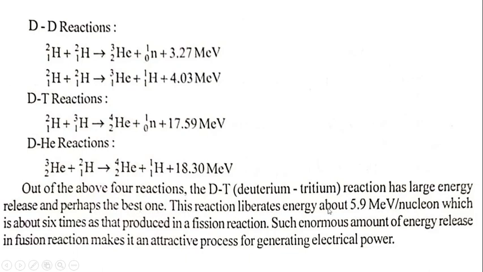This reaction liberates energy of about 5.9 mega electron volt per nucleon, which is about 6 times that produced in a fission reaction. Such an enormous amount of energy released in fusion reaction makes it an attractive process for generating electrical power.